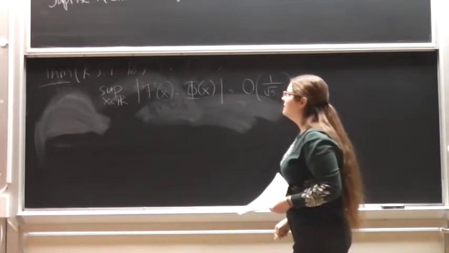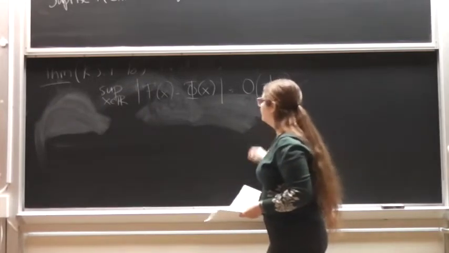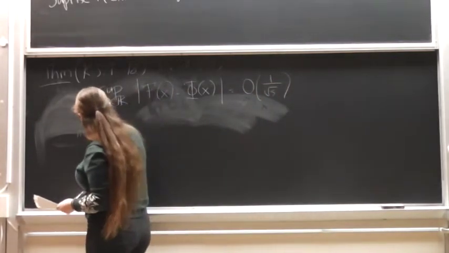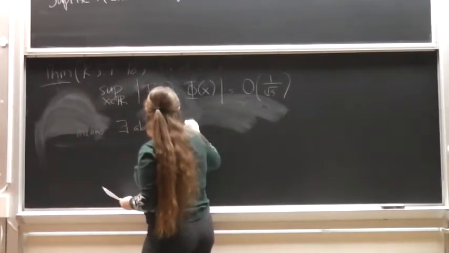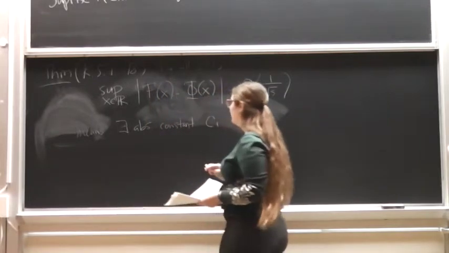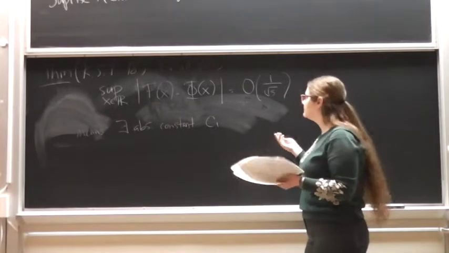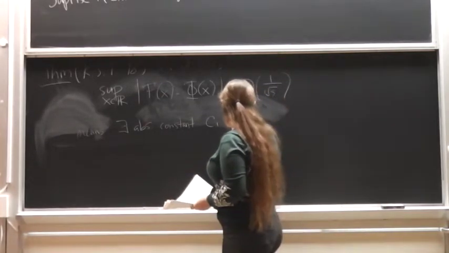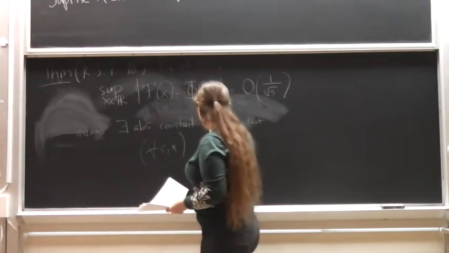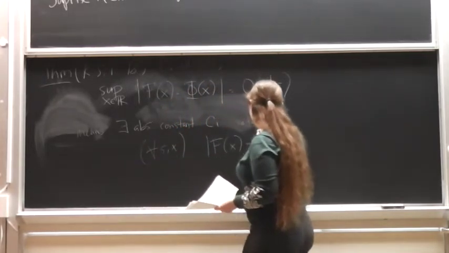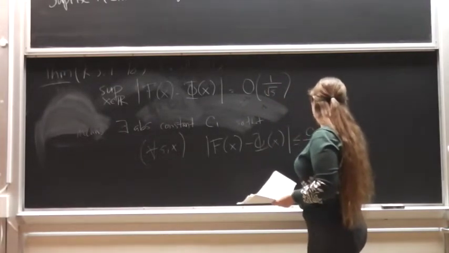So this is a statement about every single s, and this capital O thing means there is an absolute constant, C1, which doesn't depend on anything, x, s, nothing. It's just a number like 1,000. So that for all s and x, this difference is bounded by C1 over square root s.